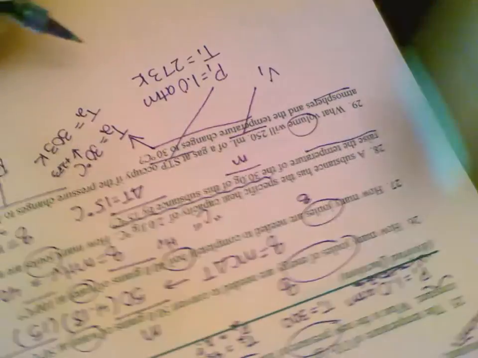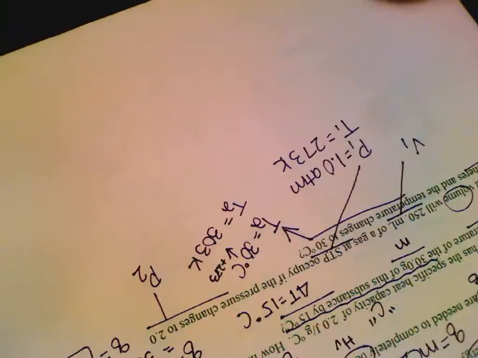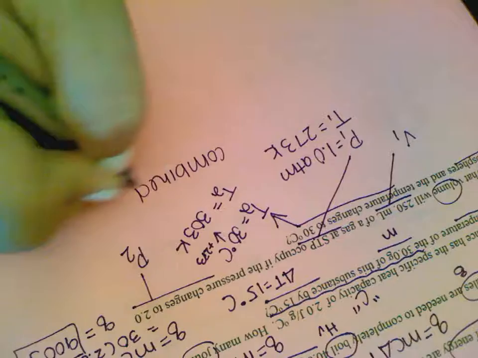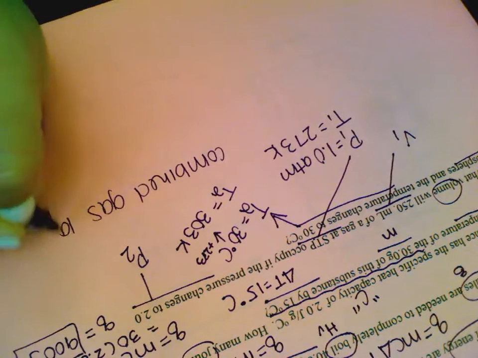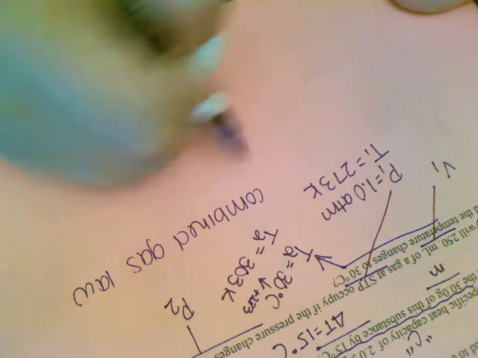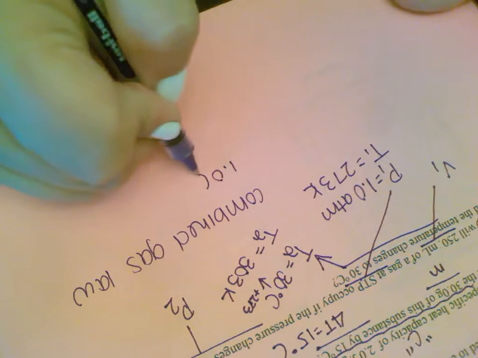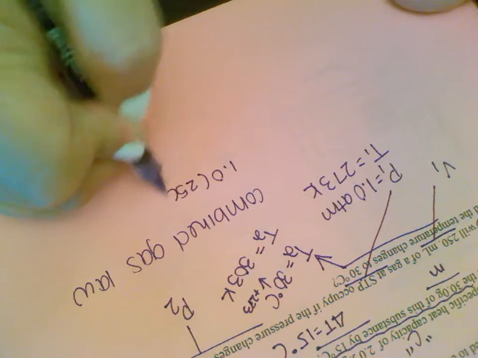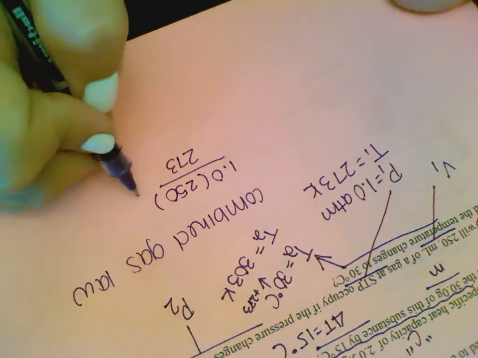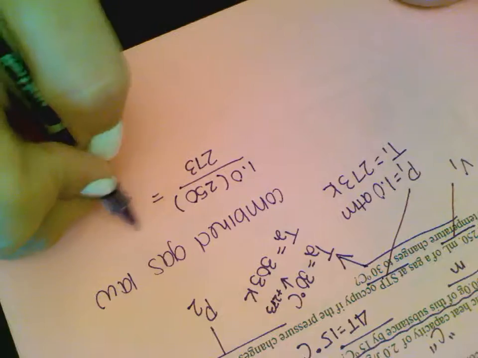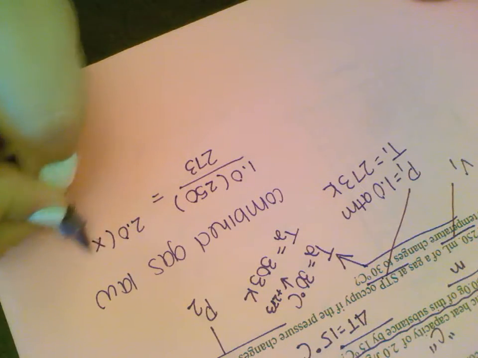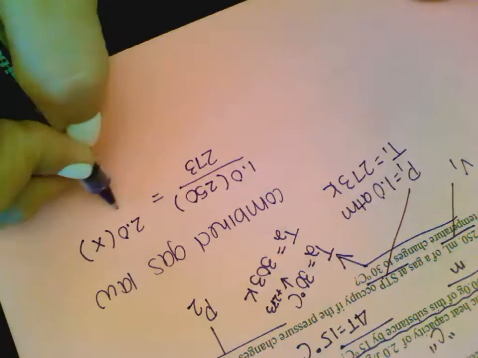So I have everything I need. So I'm going to go ahead and solve it. So I'm plugging into the combined gas law. Let's see. P1 is 1.0, V1 is 250 milliliters, T1 is 273 K, equals P2 is 2.0, V2 is X. I don't know what that is because I said what volume.